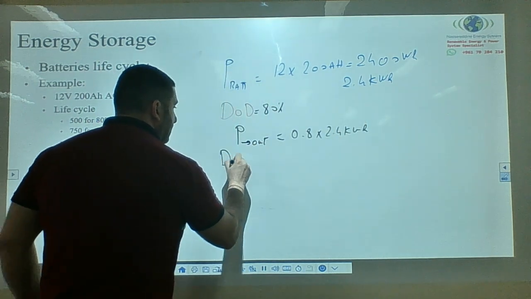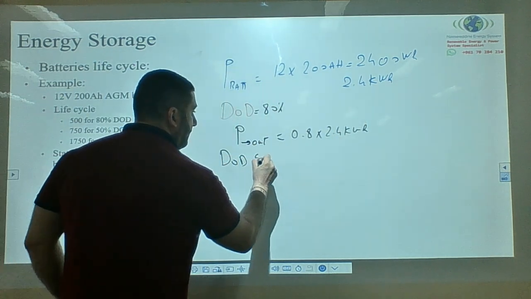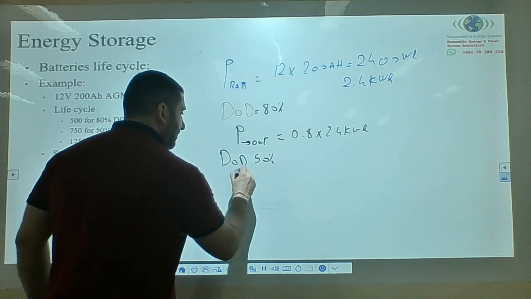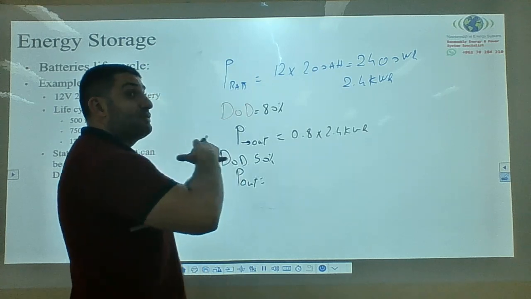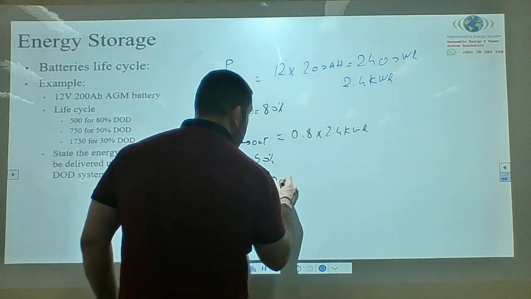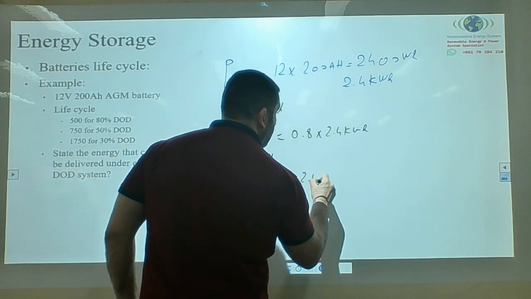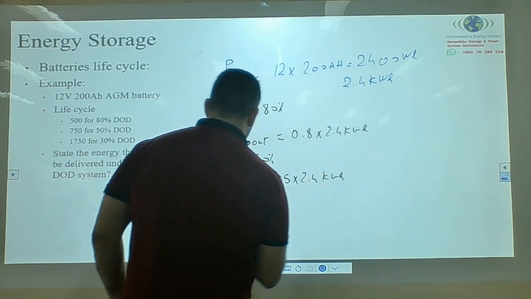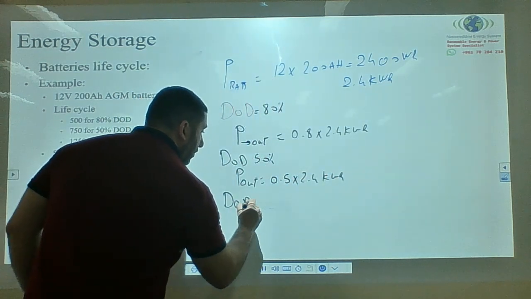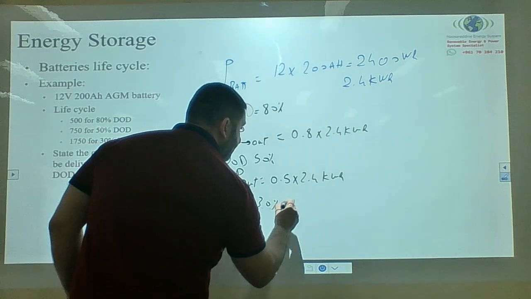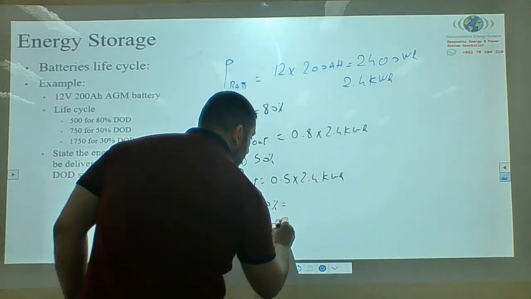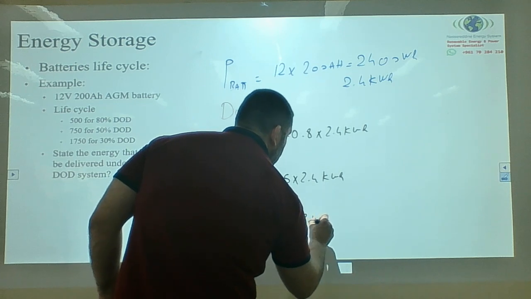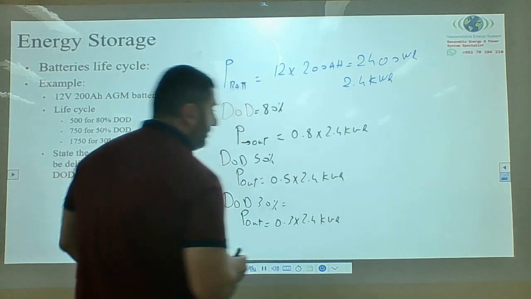When you have a DOD of 50%, the maximum P out, if it's fully charged, is equal to 0.5 times 2.4 kilowatt hour. If you have a DOD of 30%, the P out will be equal to 0.3 times 2.4 kilowatt hour.